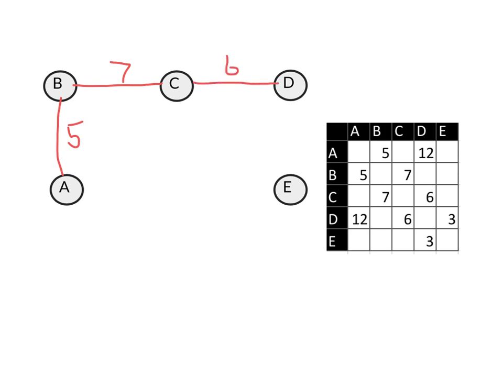So, there we are. Our abstraction is now doing well. And there's also a line between D and E, and that is 3 spaces between them. And finally, there is a link between A and D, and this has 12 values in it. That's got 12 on it. So that is a weighted graph.